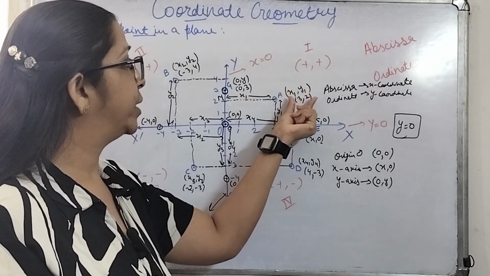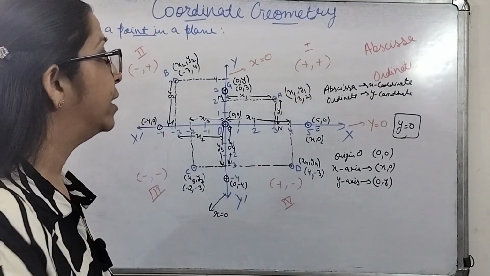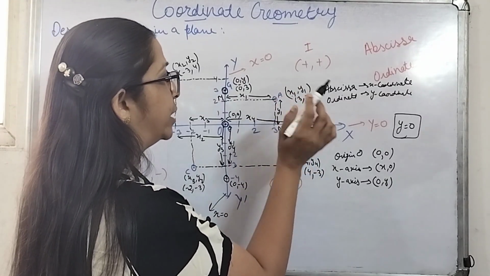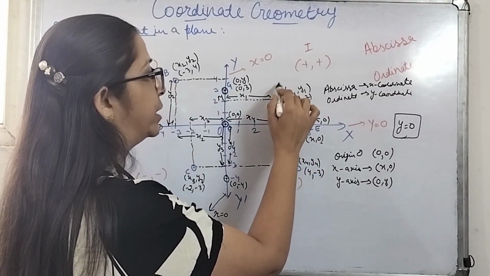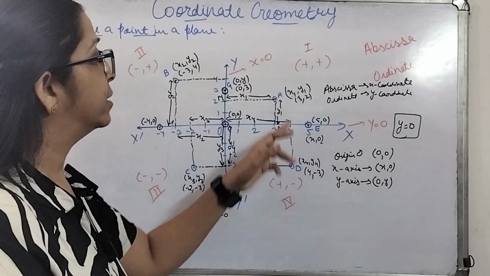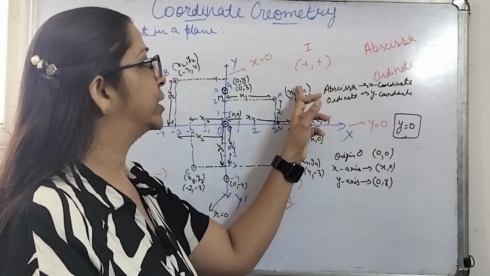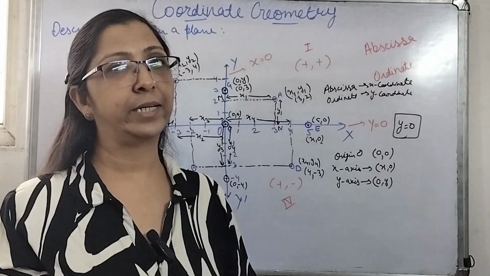Once we know the x-coordinate and y-coordinate, we can describe any point. First, we write the x-coordinate, then a comma, then the y-coordinate in small brackets. The x-coordinate is also known as the abscissa and the y-coordinate is also known as the ordinate.